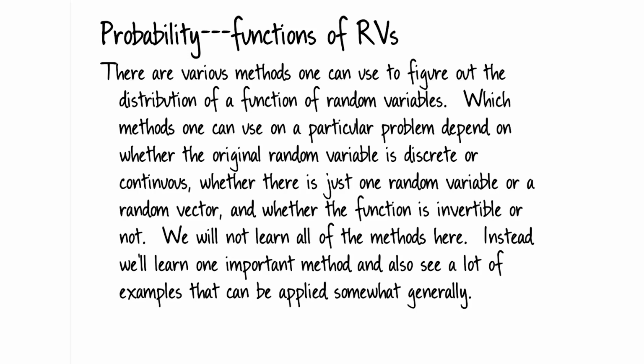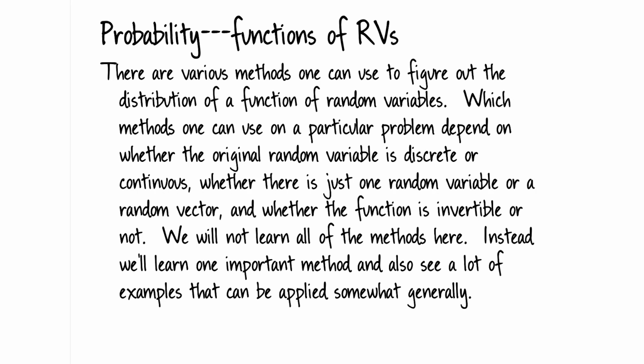Okay? So one final word before we stop. There are various methods, some of which I'm going to talk about, that one can use to figure out the distribution of a function of random variables. Which methods one can use on a particular problem depend on whether the original random variable is discrete or continuous, whether there's just one random variable or a random vector, and whether the function is invertible or not.